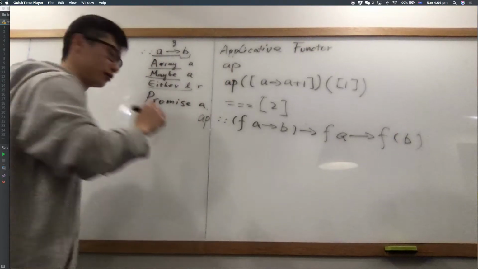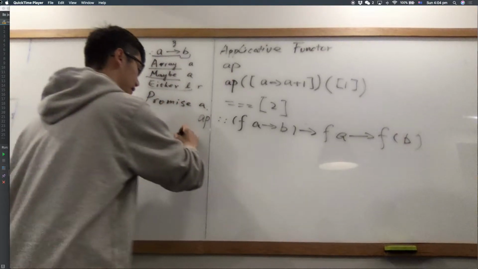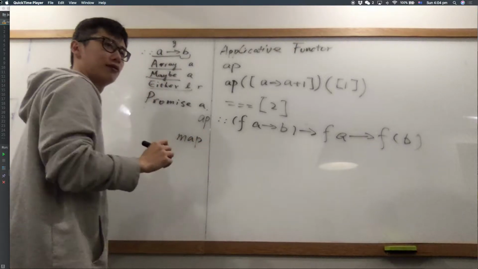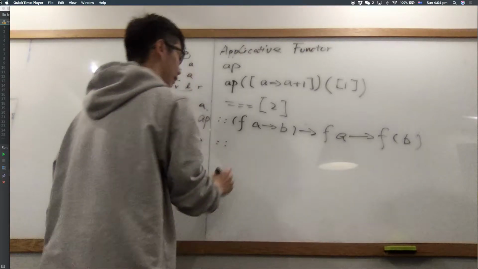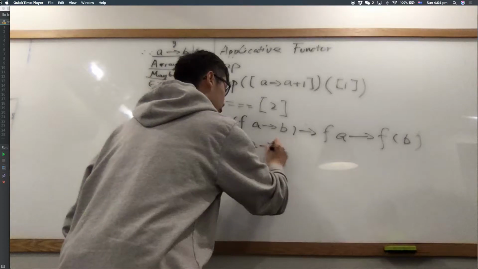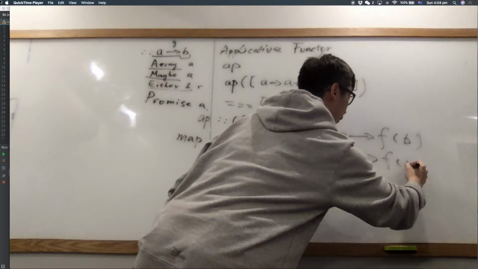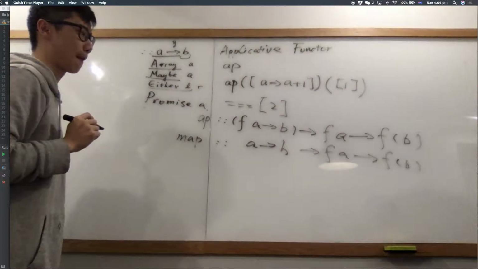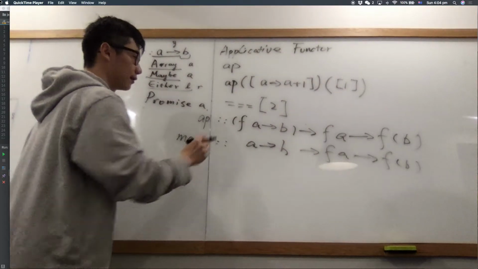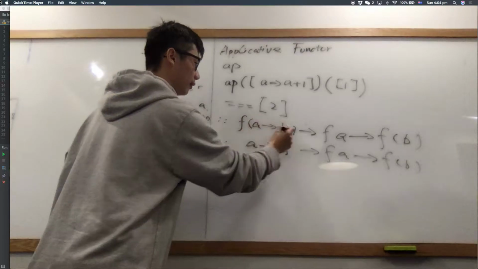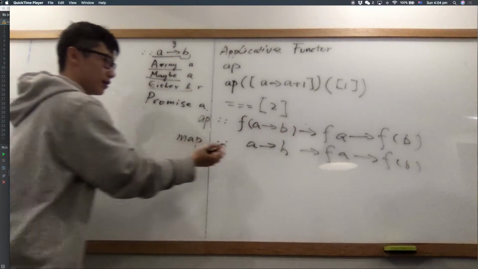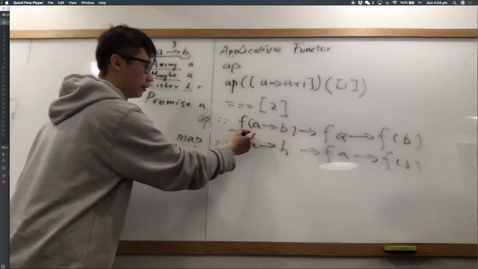Now, we have iterated this many times. Map is A to B, F A to F B. The only difference is there's an F here.